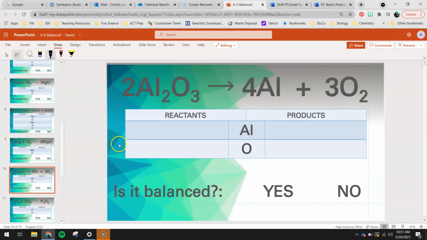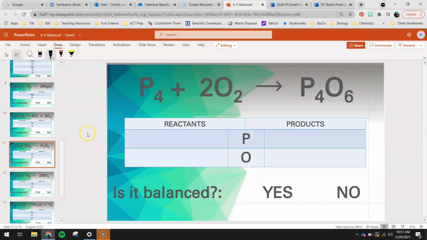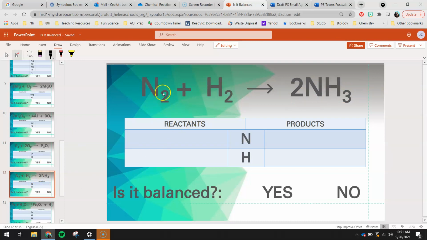Aluminum oxide decomposes to form aluminum and oxygen. Phosphorus plus oxygen form phosphorus oxide, P4O6. And we've got nitrogen plus hydrogen forming ammonia.